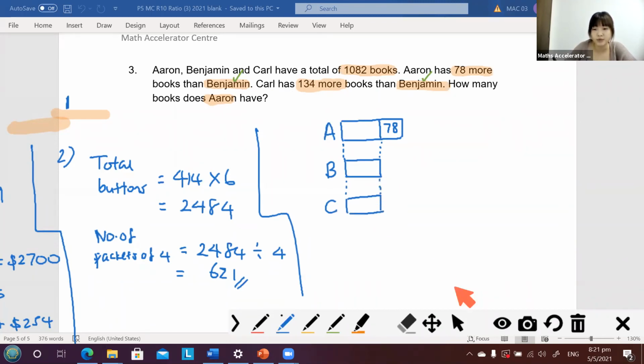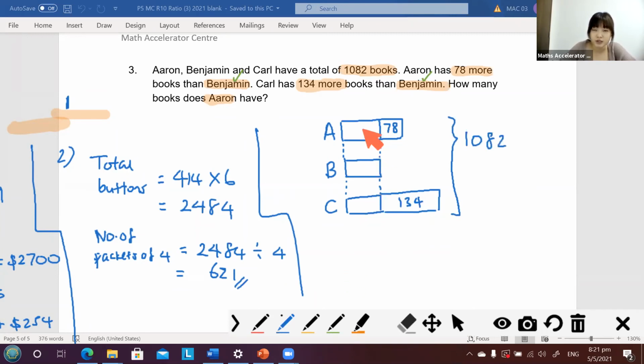So we draw the same Benjamin, but it's going to be 134 more. So you can draw it longer because 78 is smaller than your 134 here. And they tell you in total it's going to be 1082 books.